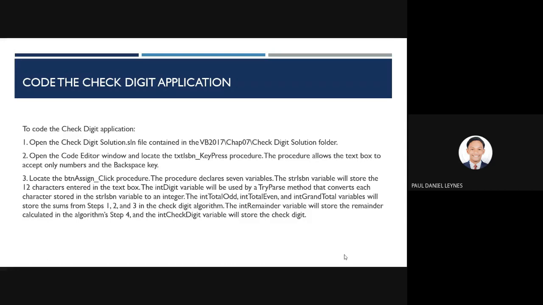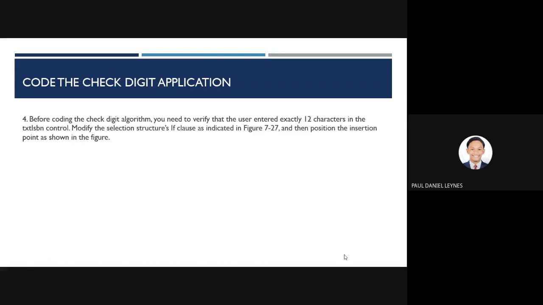The intDigit variable will be used by a TryParse method that converts each character stored in the strISBN variable to an integer. The intTotalOdd, intTotalEven, and intGrandTotal variables will store the sums for step 1, step 2, and step 3 in the check digit algorithm. The intRemainder variable will store the remainder calculated in algorithm step 4, and the intCheckDigit variable will store the check digit.